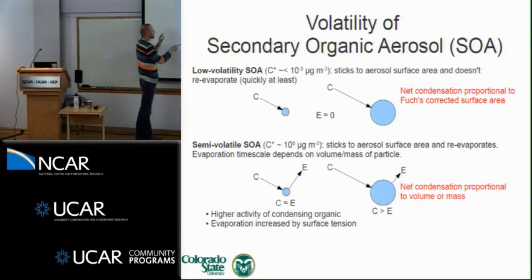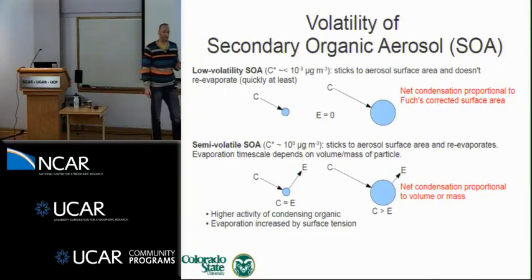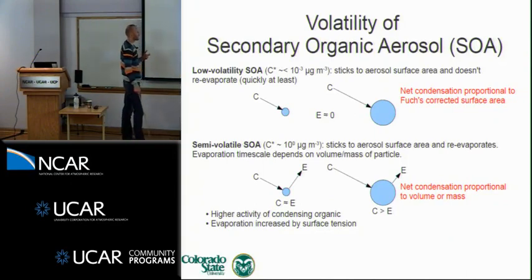But if SOA is very low volatility, meaning it really only wants to be stuck to the particles, we have what we call low volatility SOA. In which case, if you form a secondary organic aerosol molecule through chemistry in the gas phase, the first surface it finds is going to stick to, and it's not going to want to re-evaporate during the time that the aerosol is in the atmosphere.